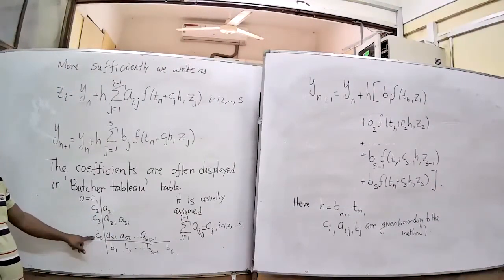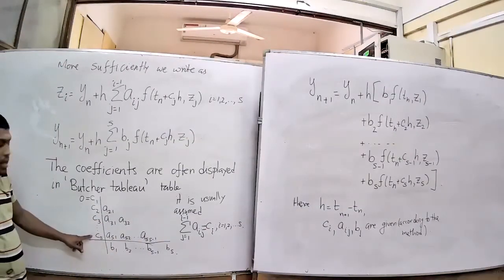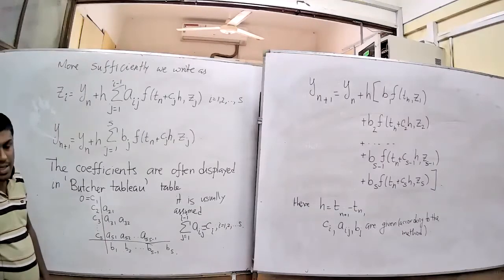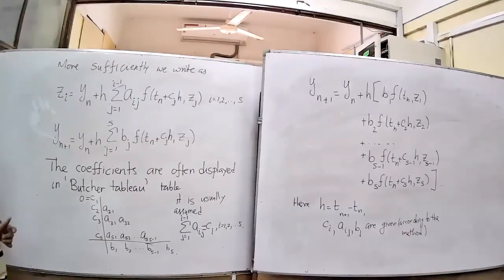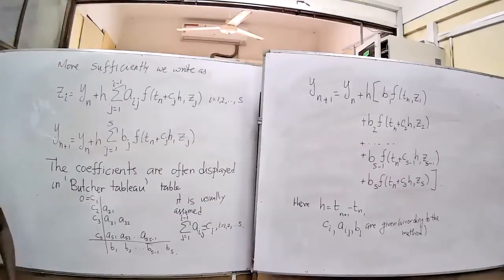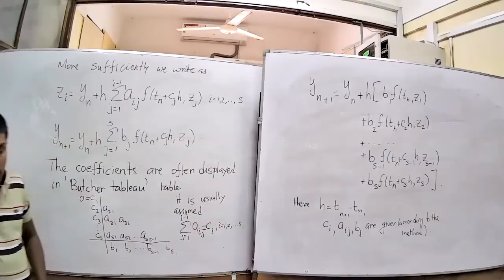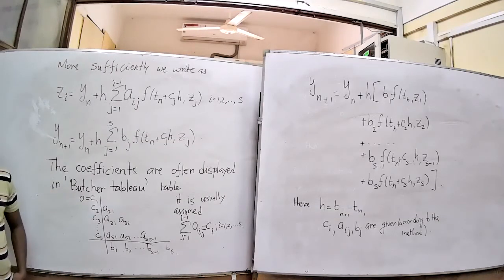If this one is 5, all these numbers are chosen so that they added together give you C, right? So these are kind of usual notations and usual practice which people use in the Runge-Kutta method, right? So these are the standard forms we will follow in our lectures, right? So this is how we are going to do the Runge-Kutta method in future, right?